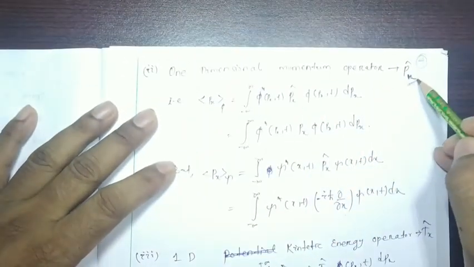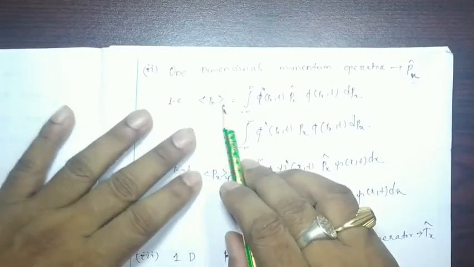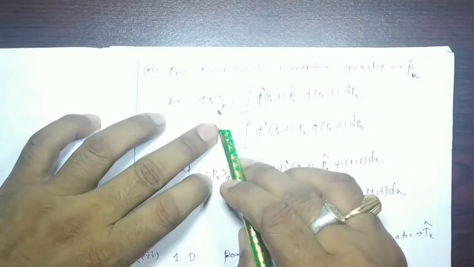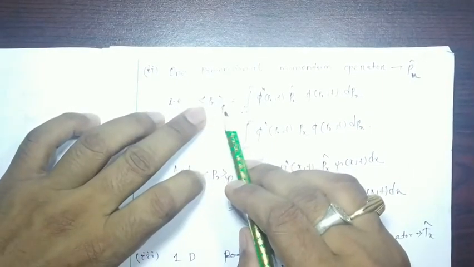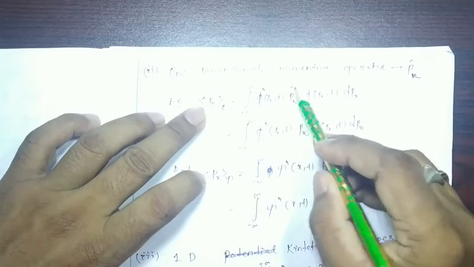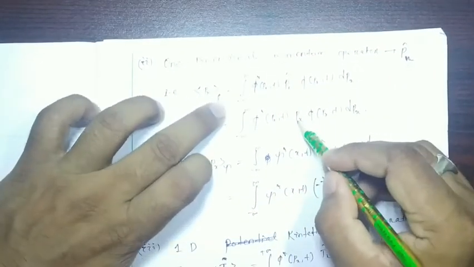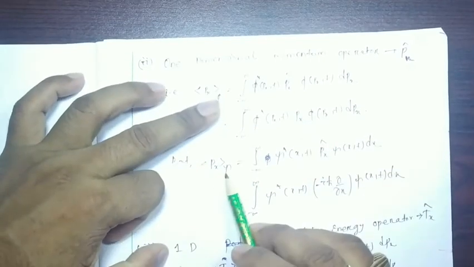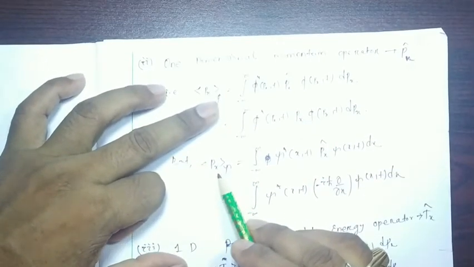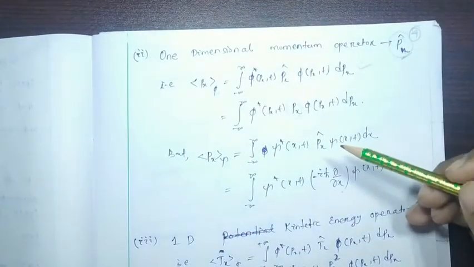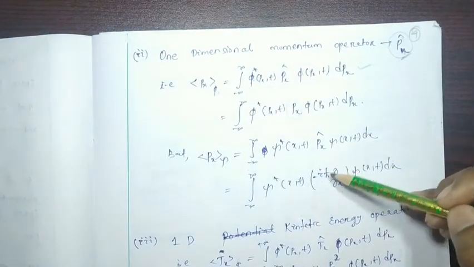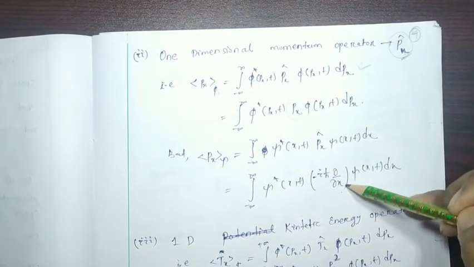Similarly, the one dimension momentum operator will be written as px cap. If we consider the expectation value of momentum, in general it is px cap, which will be px in momentum space, but in case of coordinate space it will be minus i h cross del by del x.